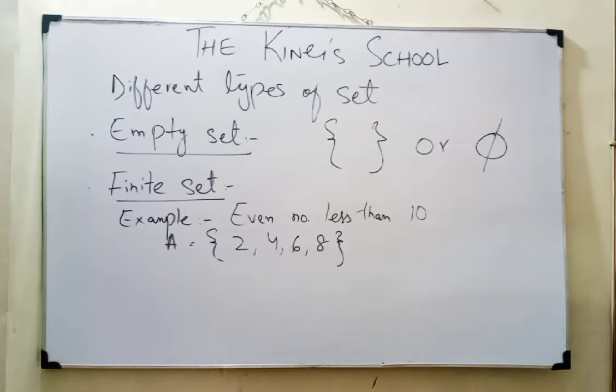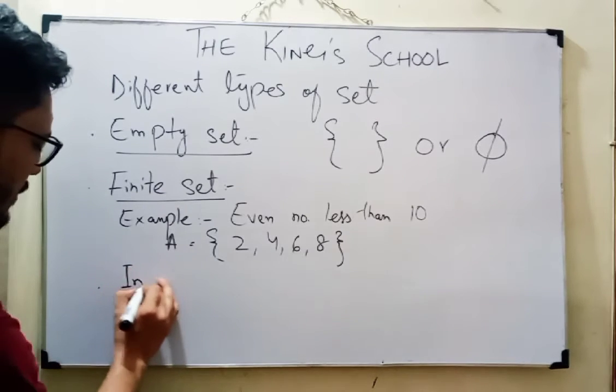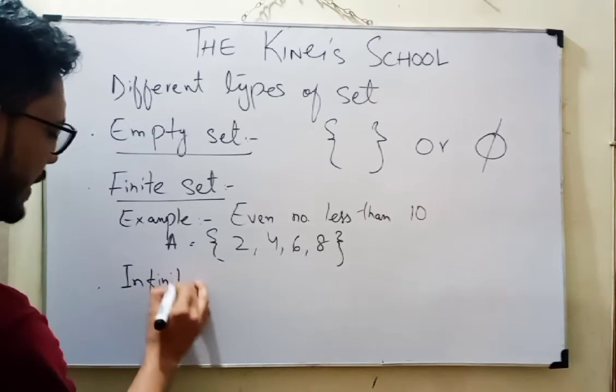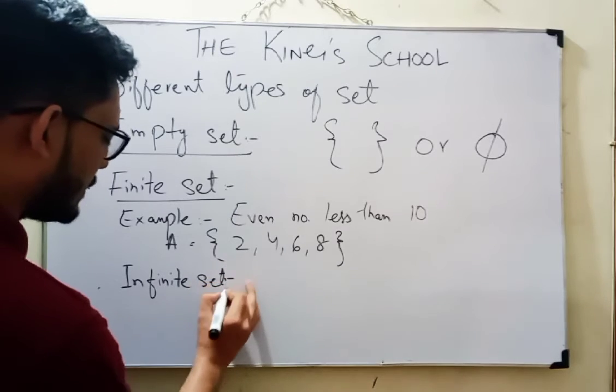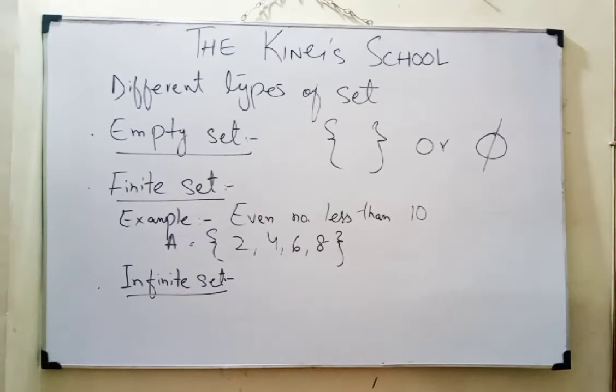The third one is the infinite set. In an infinite set, we have an unlimited number of elements in that set. For example, I took the example of the finite set, but with a little change.